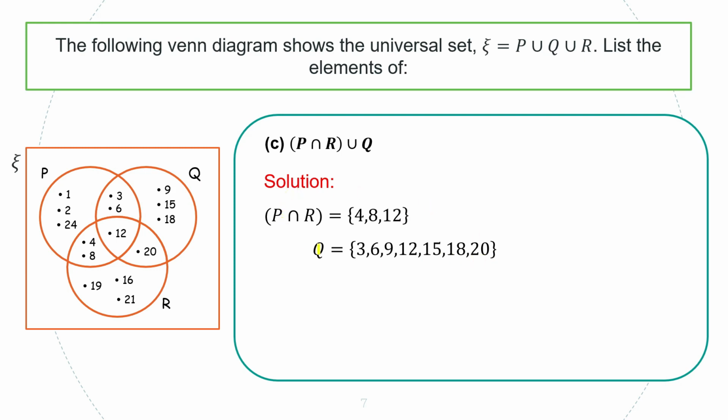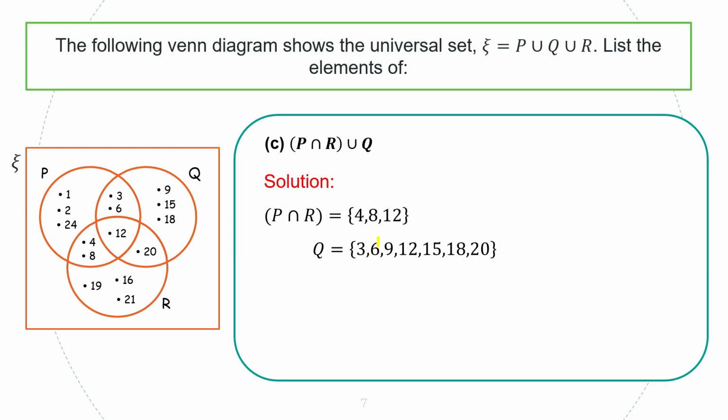Now the problem says the union of this set and this set. What is meant by union? Union is the combination of all elements in both sets. So we combine these elements and these elements, but do not write the repeated elements.